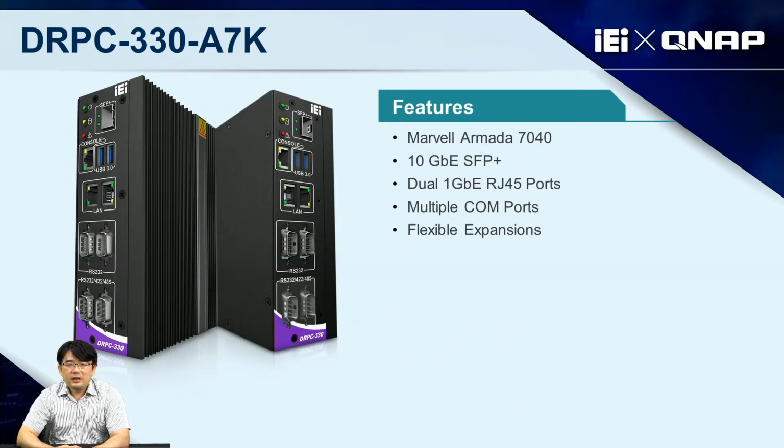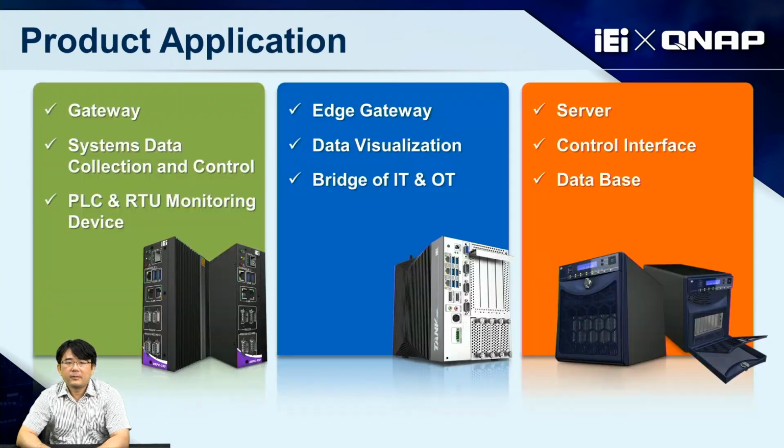The DRPC330 is a RISC-based system. It has multiple components, and it can be a gateway collecting the production information. So we can see the computers can be responsible for different levels of tasks.